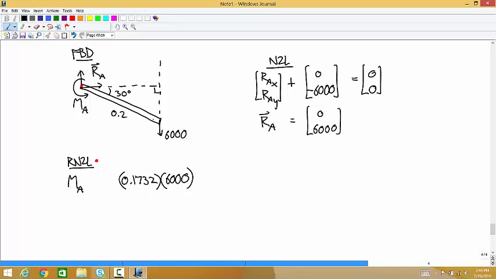So would that produce a clockwise or counterclockwise moment? Clockwise, so negative, is equal to 0. And so MA is equal to 1,039.23.